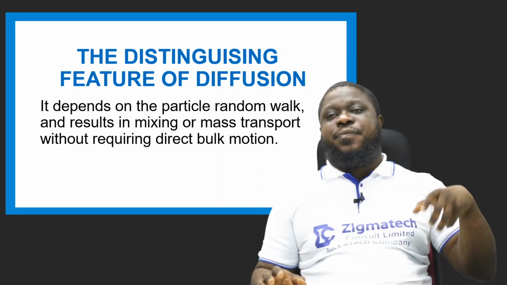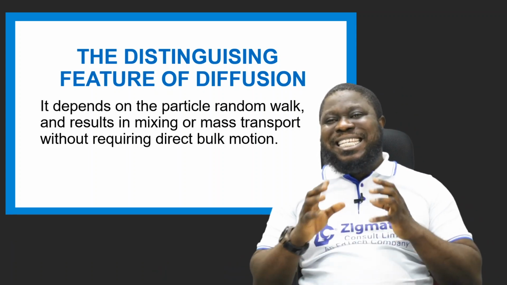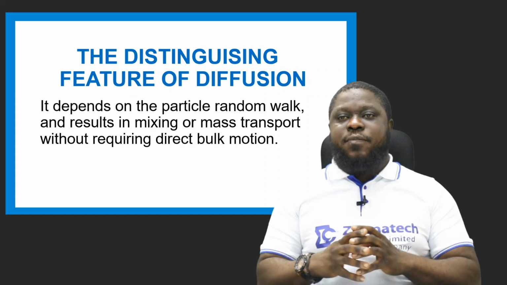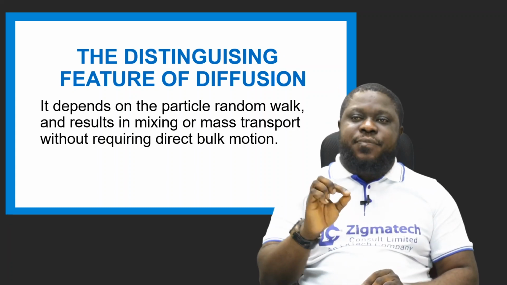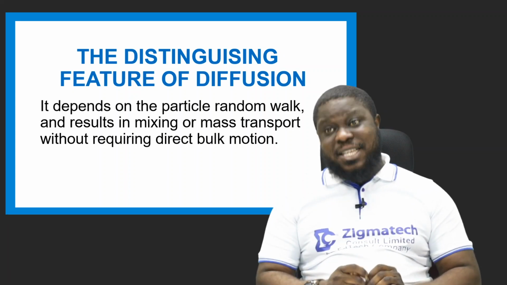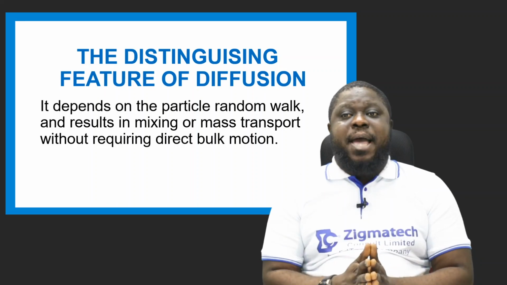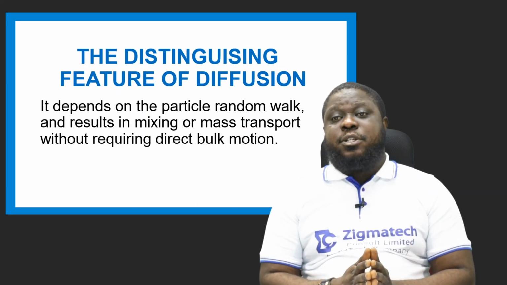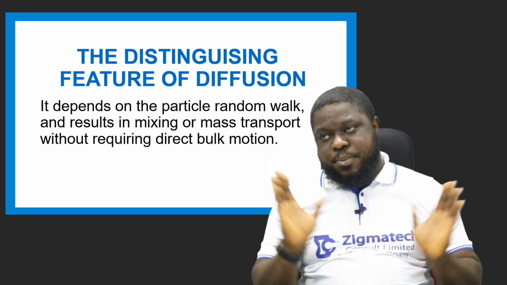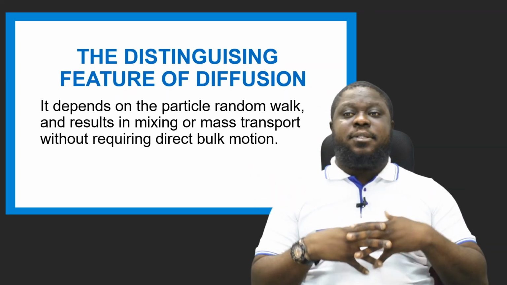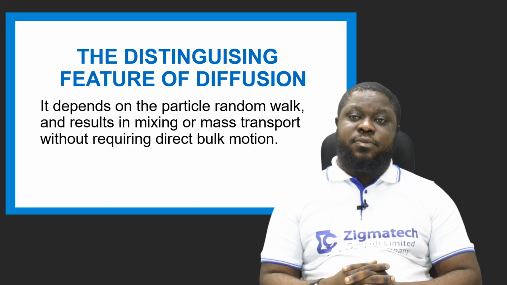Now, the distinguishing feature of diffusion. It depends on the particular random walk and results in the mixing or mass transport without requiring direct bulk motion. Simple. It depends on how the particles move.